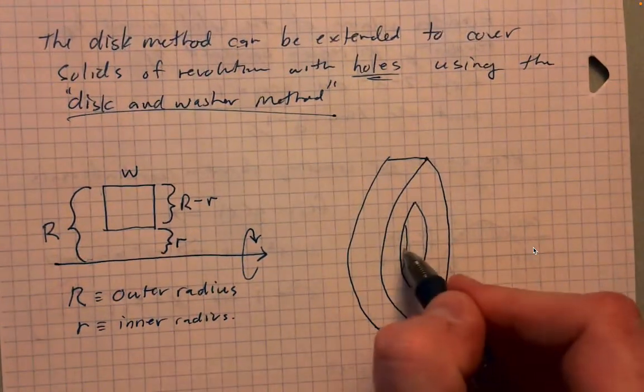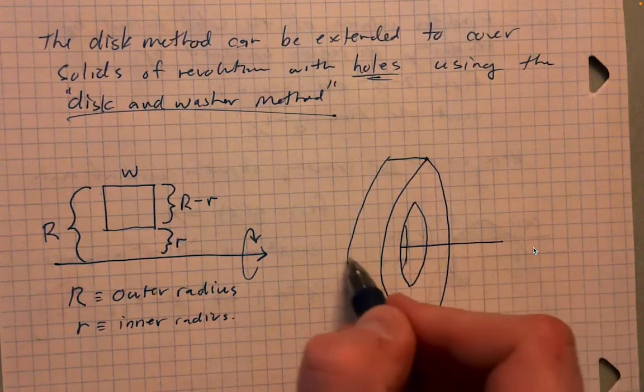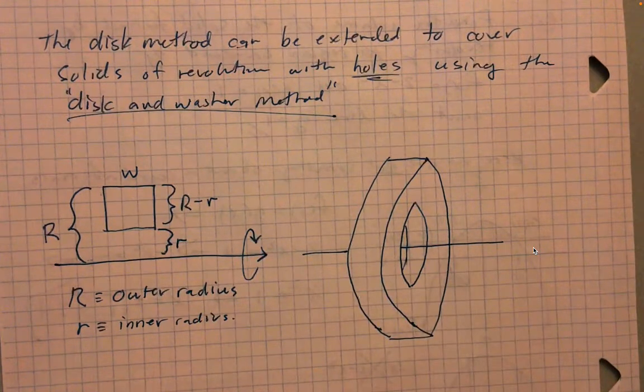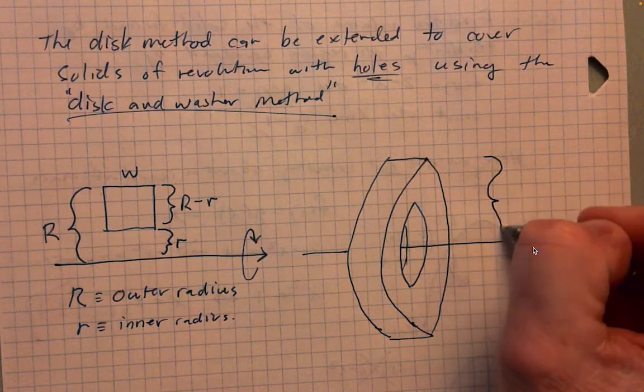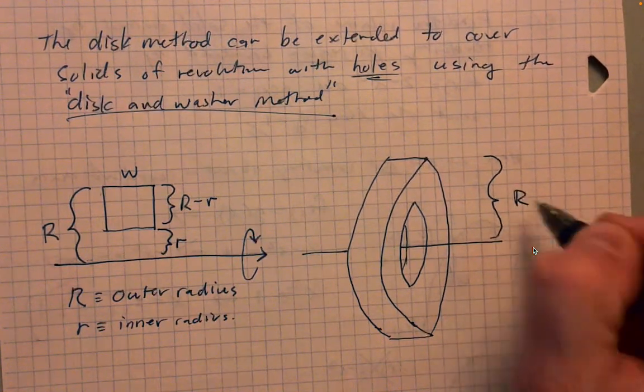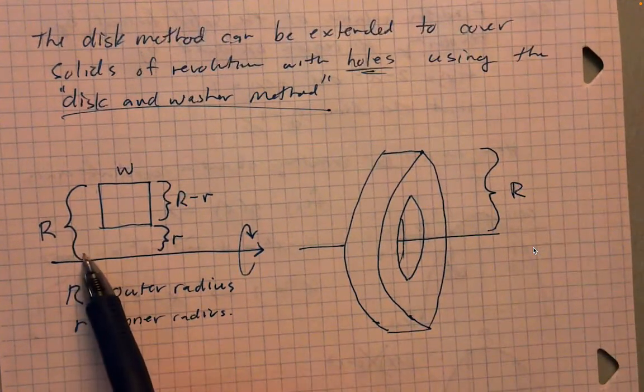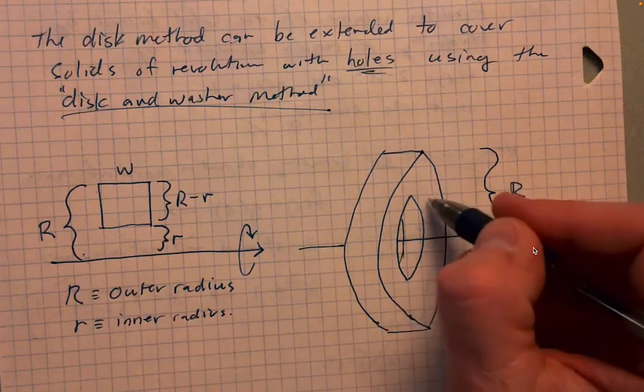Right, and so the axis of rotation will go right through the middle, right? And so this piece here, from here all the way to the bottom, that's your big R, right? That's that. And this piece here, this little r, that's just this.